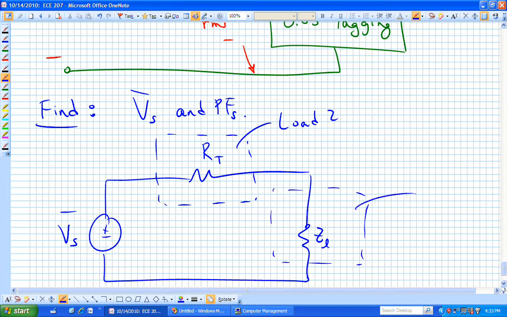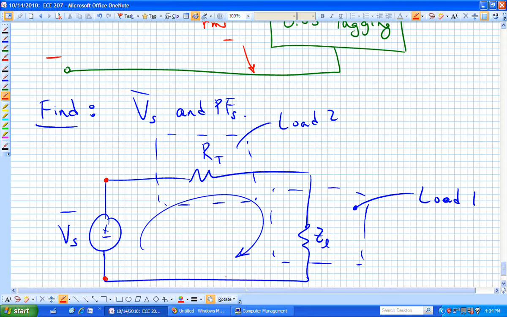Here is load 1. And now this is my supply right here, V sub S. If that's what I have, then I could actually find this voltage drop by writing a KVL around that mesh or around that loop.